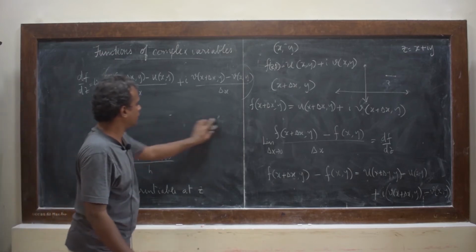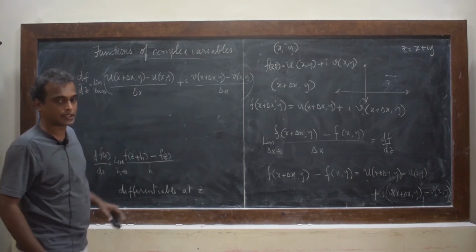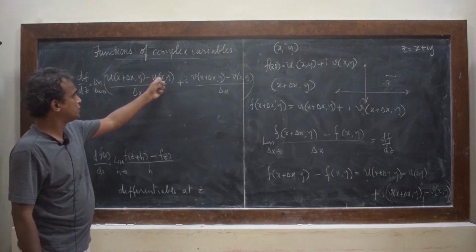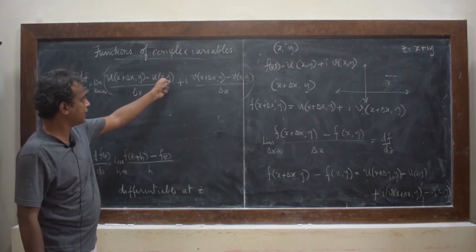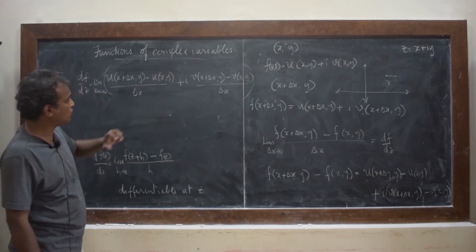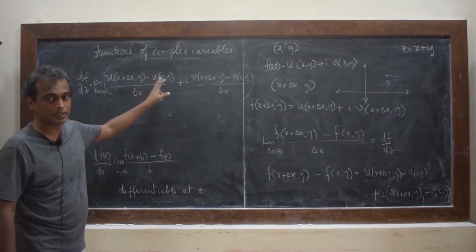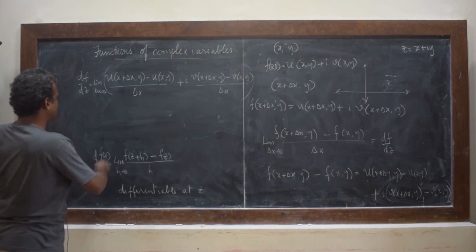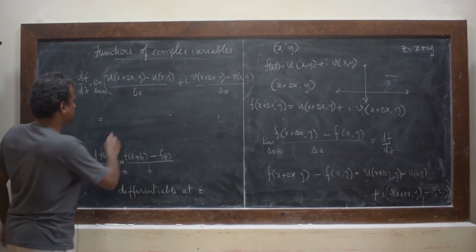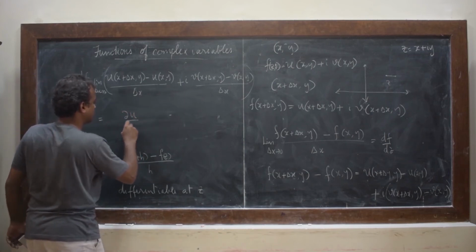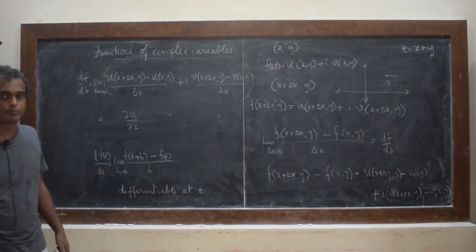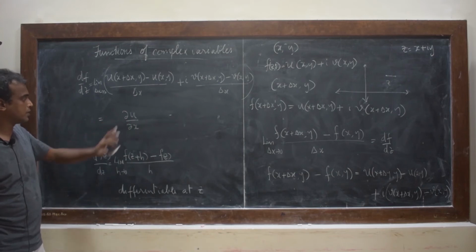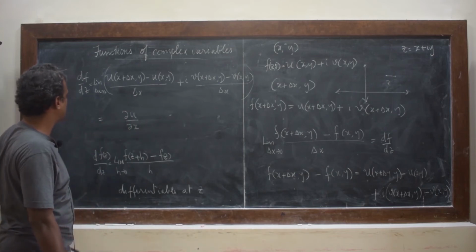Now, observe that this particular quantity, which is the change in a particular function u, which is a function of two variables x and y, as I change only one of the variables keeping the other constant, the rate of that change is the definition of the partial derivative of that function with respect to x. So, that term is really the partial derivative of u with respect to x.